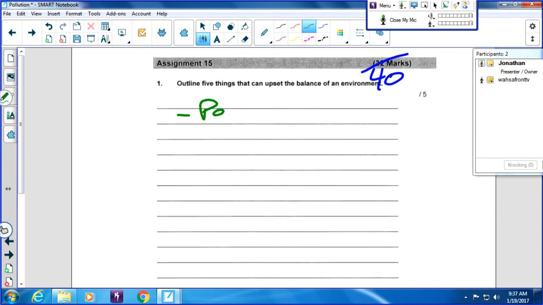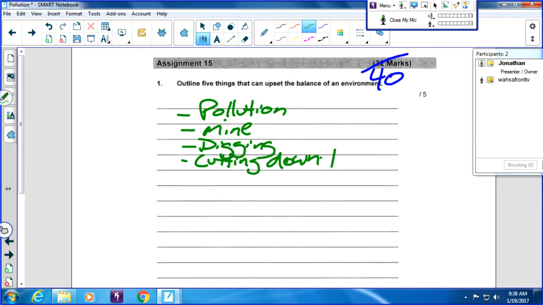So again, pollution, mining. These are all examples that can upset the balance of nature.